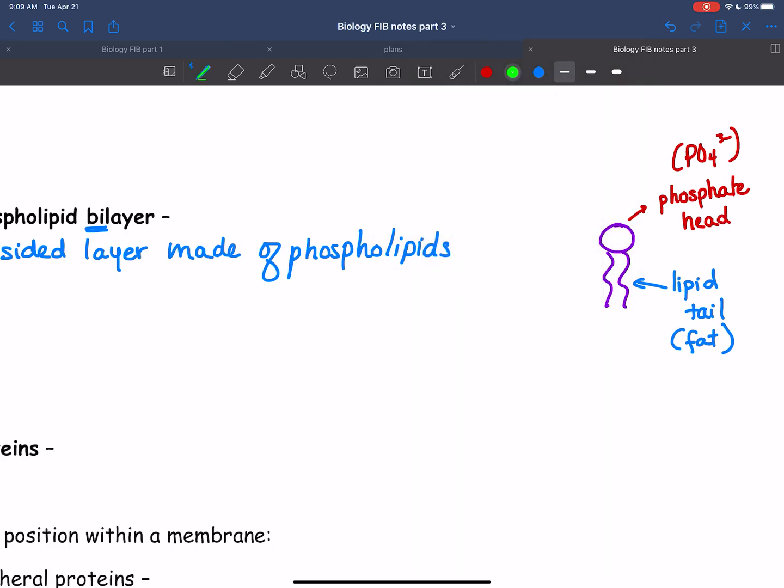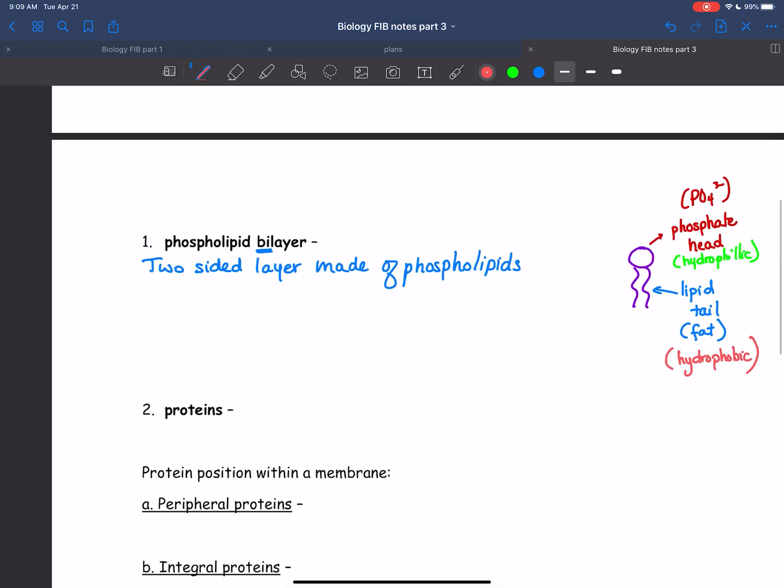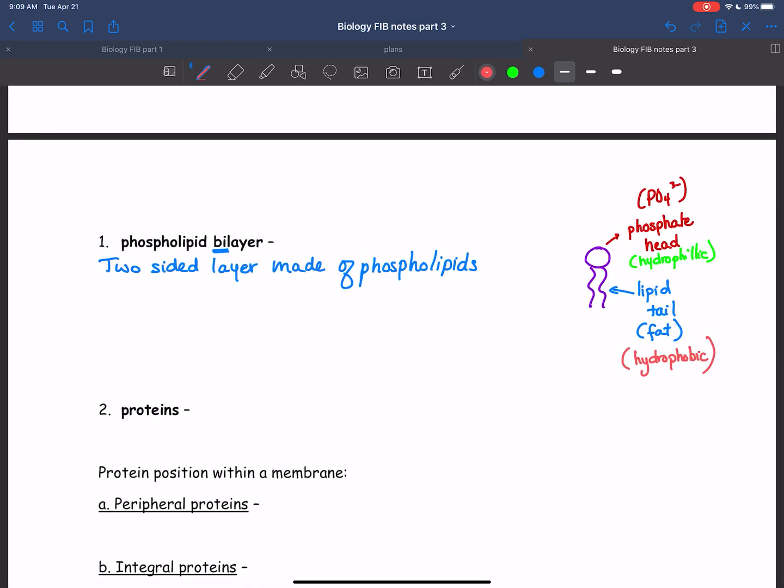So the phosphate here is hydrophilic, so it likes water, whereas the fat is hydrophobic. Phobia means fear, okay, and we're going to write it on here, so I just wanted you to have that.